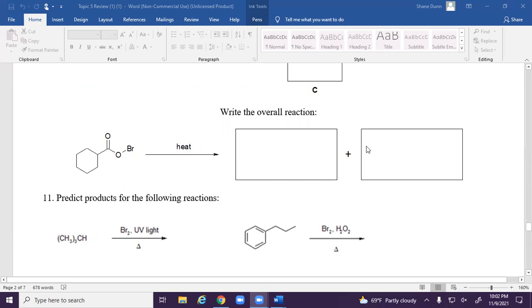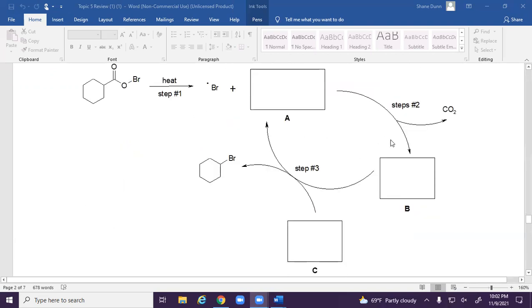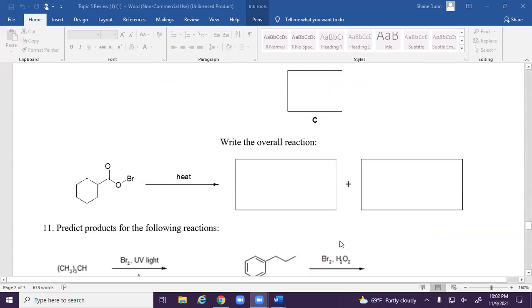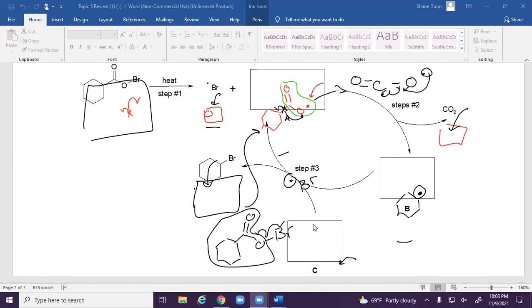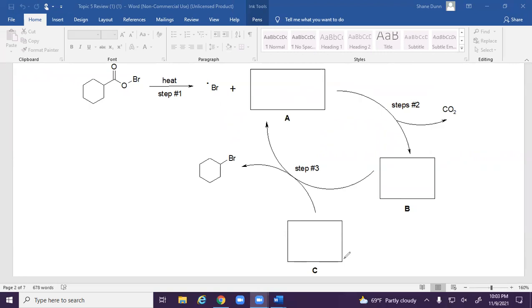So we looked at all these steps, A, B, and C. What's the overall reaction? What are the two things I made? If you remember, this guy, A, is just basically C. These two guys are the same, right? Yeah. So what left this never-ending cycle? The CO2.